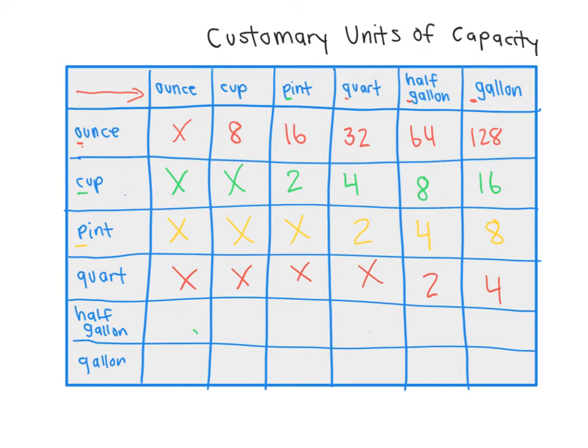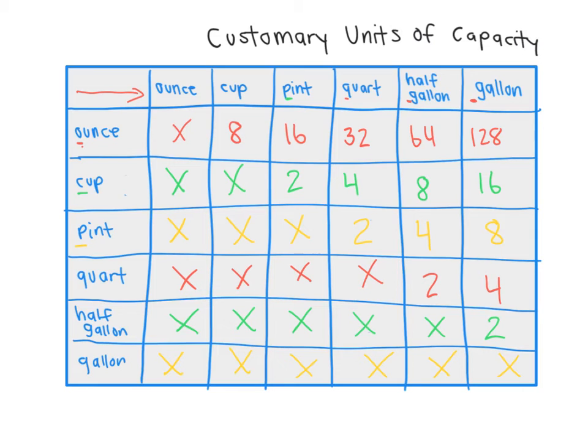So what should I do with this half gallon? I should put X's all the way here. And what are we going to put here? 2. And then the gallon's not going to have anything in it because that's our biggest one. That's that. Okay? So this is our chart.